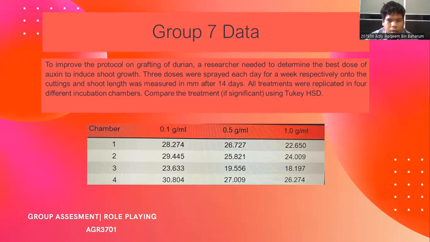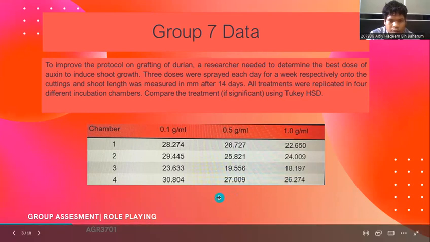The treatments were replicated in 4 different incubation chambers. And if the treatment is significant, it has to be compared through Tukey's HSD. And this is the data for this question.